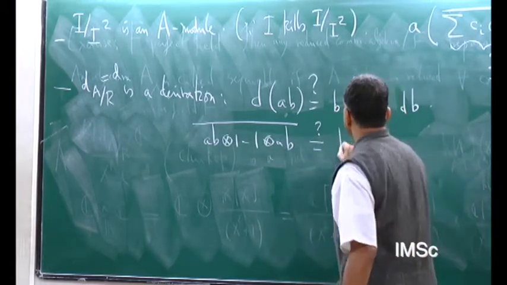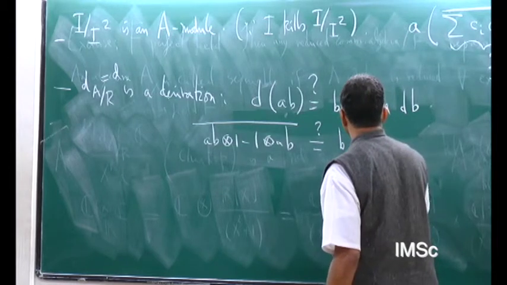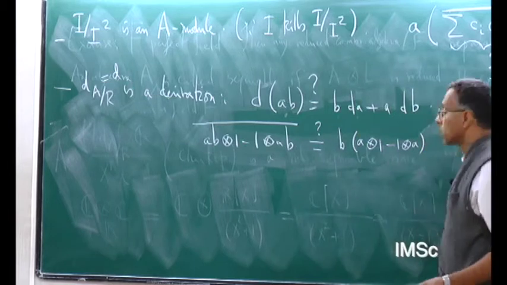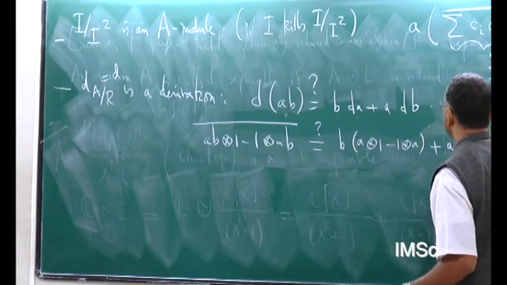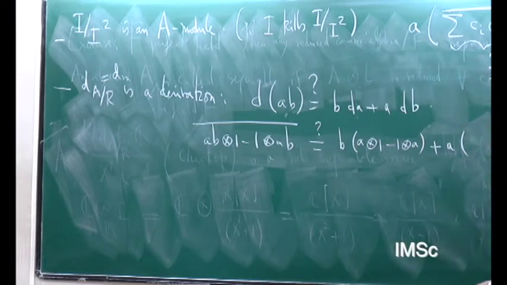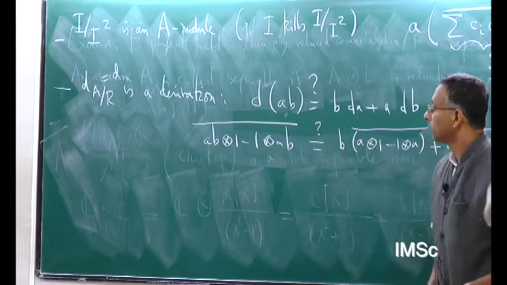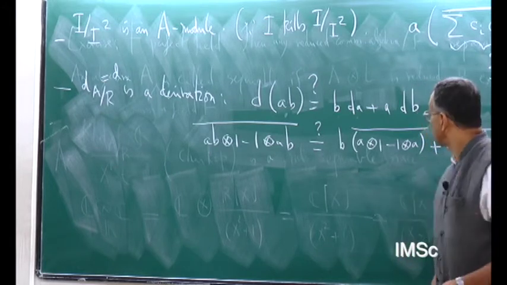This is B, A tensor 1 minus 1 tensor A, plus A of B tensor 1 minus 1 tensor B, bar. Right, this is what we have to check.